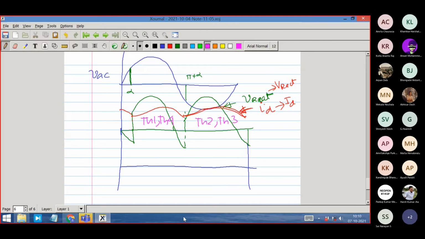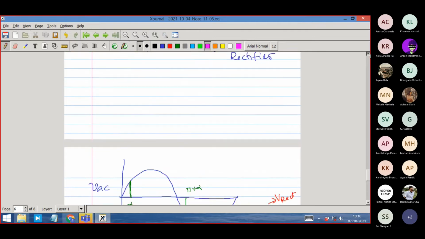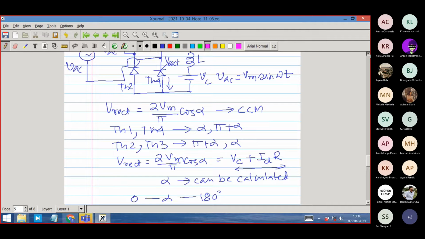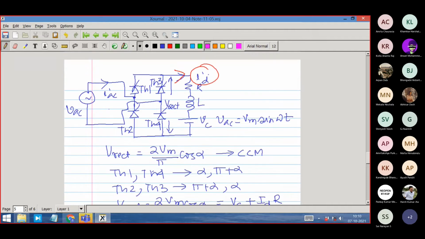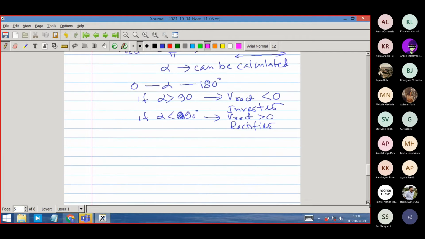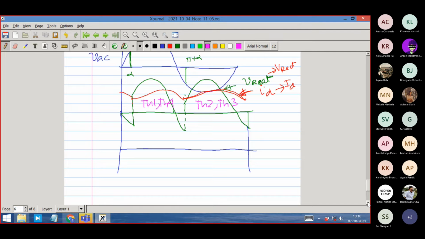When TH1 and TH4 conduct, you can see our convention IAC says that IAC is equal to ID. See the direction of the current. Current is going like this, so IAC is equal to ID. And when TH2 and TH3 conduct, then IAC is equal to minus ID, right? This is just Kirchhoff's law. I am not doing anything clever here, just taking Kirchhoff's law, and I will sketch the currents.